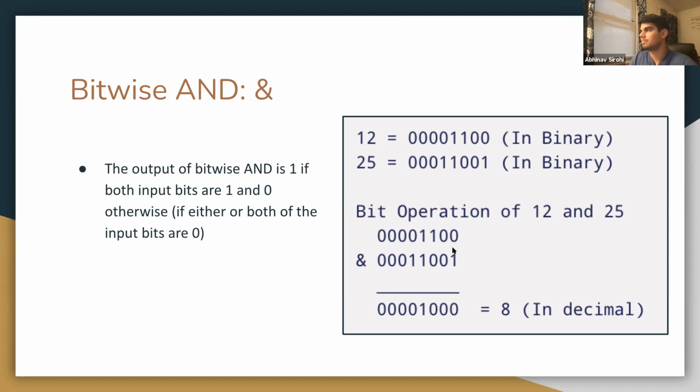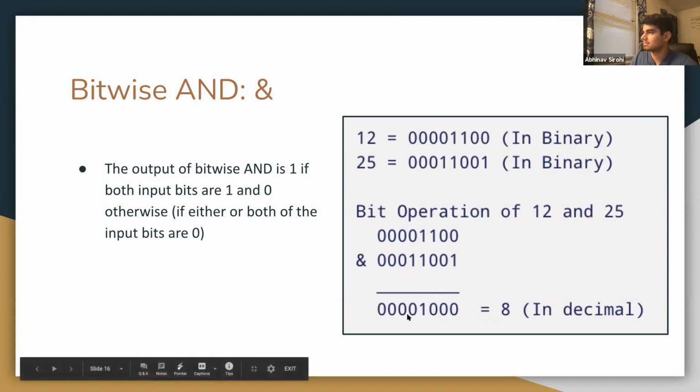If we do 0 and 1, it'll give us a 0 because both of the numbers aren't 1. The only time that it actually gives us a 1 is when both of these numbers here are 1. And all of the other times when both the numbers are 0, or either of the numbers are 0, it'll give us 0. And this will be the completed bitwise AND operation.